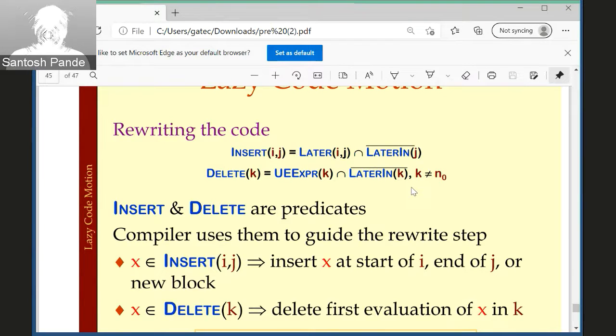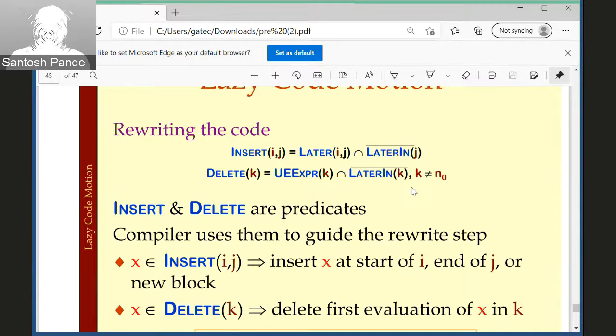Okay, because it was later in of predecessor of K along one edge to be true. That means it needed a coverage there, but it was false along the other edge because it was available, and therefore the intersection, which is later in K, was false. And it is exactly the case which is taken care by the insert predicate there. And in such case, it would have inserted it along the ij edge, along which it needed to be inserted without coming in the path of availability.